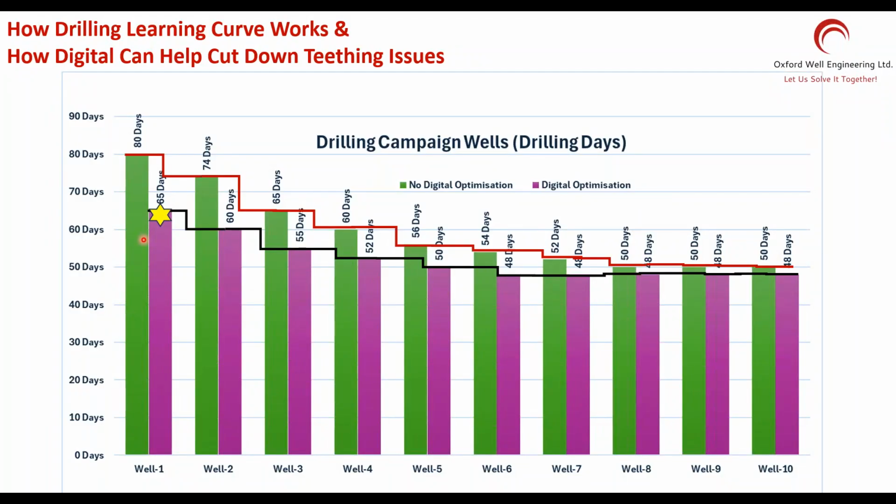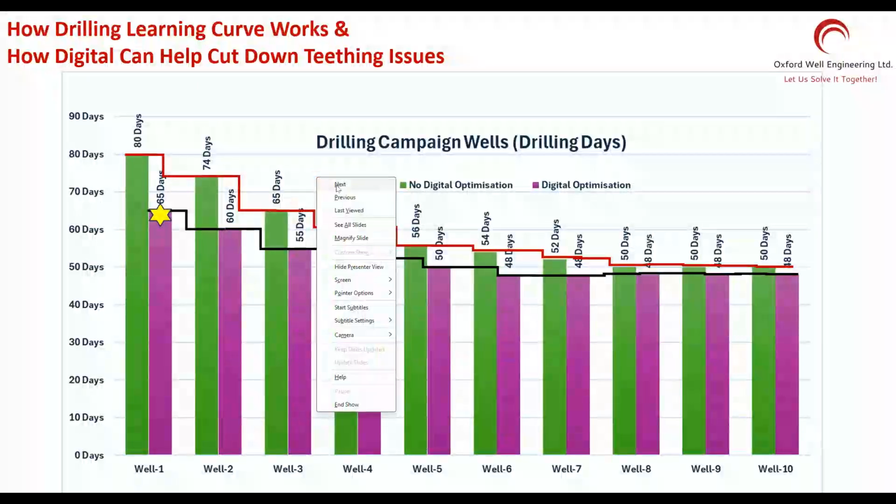They know what was easy, what was hard, and what needs to be injected into my designs and the well plans and the operational sequences, and then they come out with a very fine drilling program and instructions for constructing the well and drilling the wells. So this red step profile is normal, and this purple one with the black steps on it should be our target if you want to be cost conscious and deliver the well at a decent cost to start with.